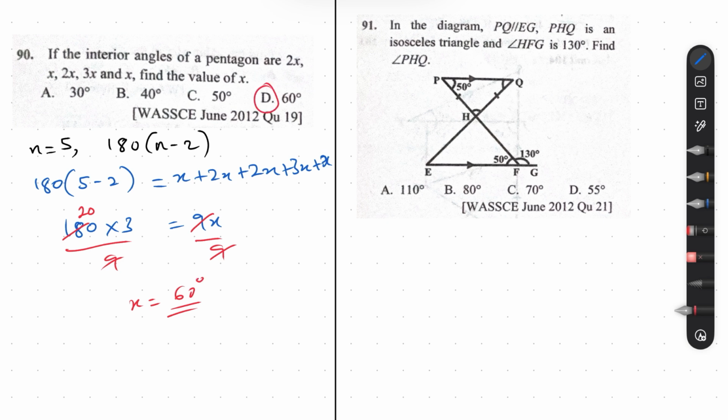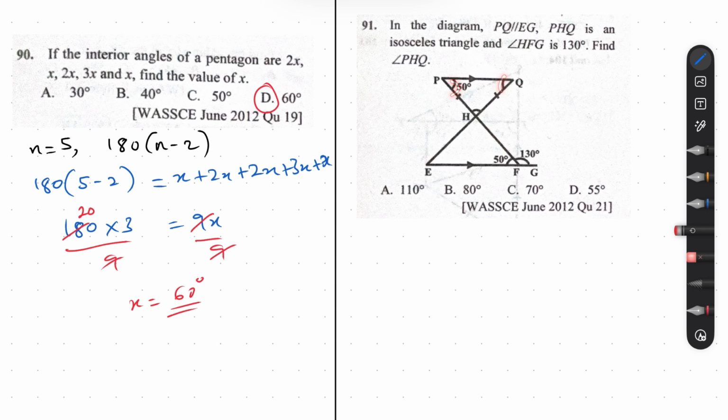All right, let's move on to question number 91. The question says, in the diagram, PQ is parallel to EG. This and this are parallel. PHQ is an isosceles triangle, which means two of the angles are the same.